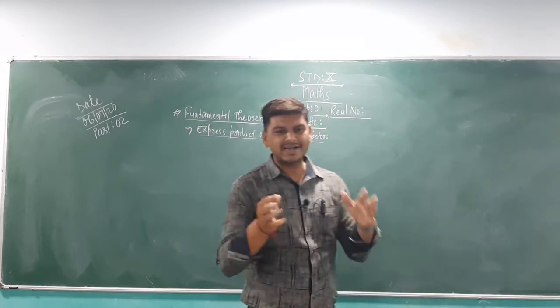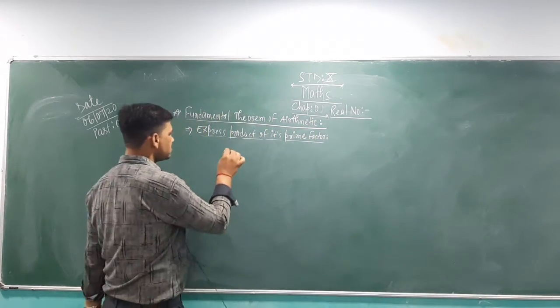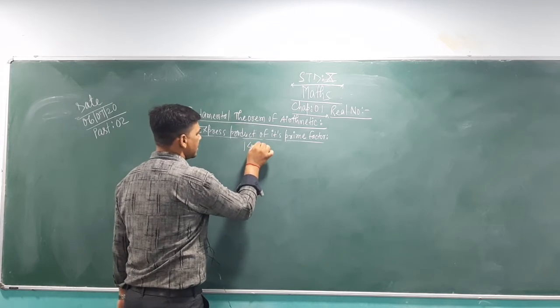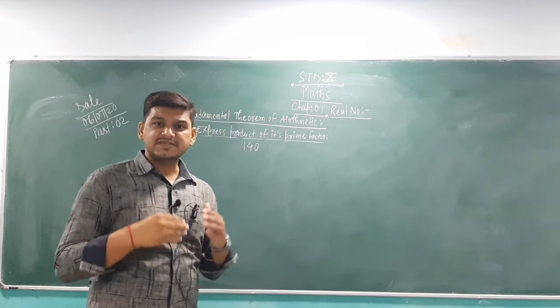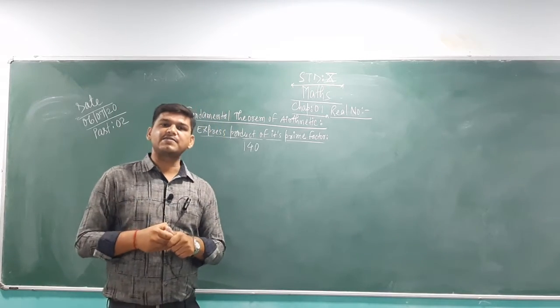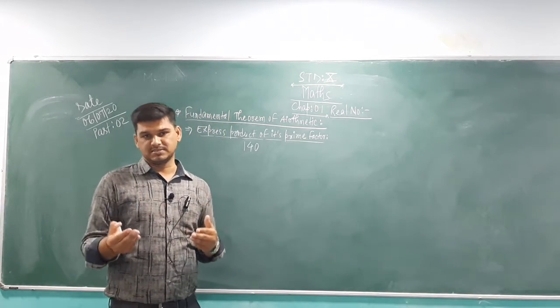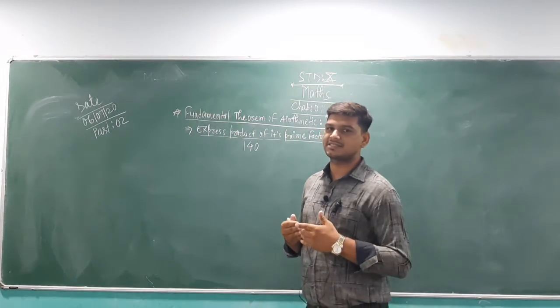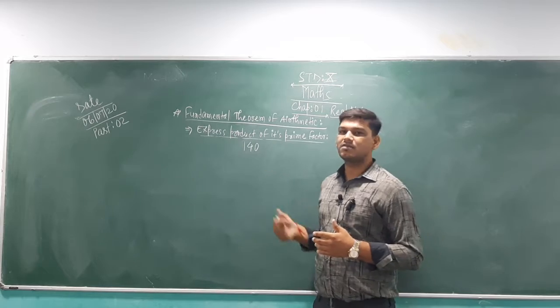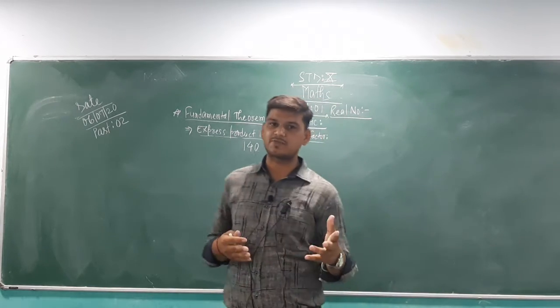For example, if I take the number 140, this number as a form of prime factors is generally useful to find the HCF or LCM of more than one number. In a question, if more than one number is part of the LCM and HCF that you have to find, then we have to use this method of the product of prime factors.